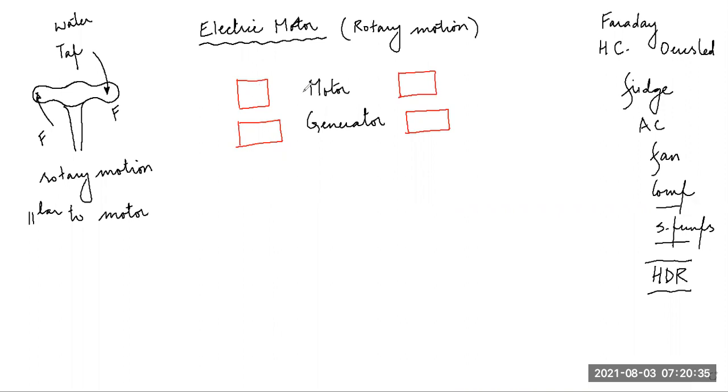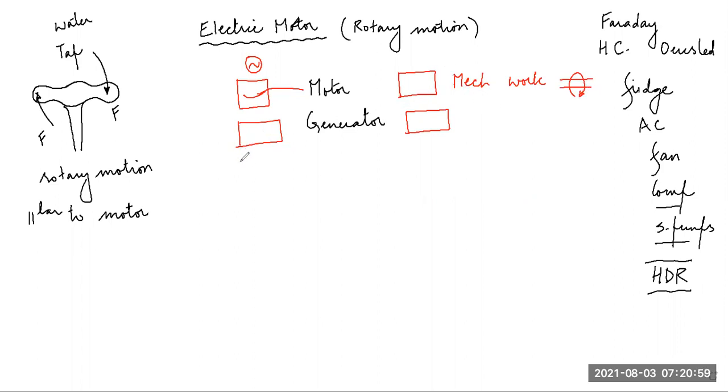You have to switch on the motor, you have to connect the motor to an electric plug. That means current is the input of the motor, and mechanical power, or you can say mechanical work, produced in terms of the rotary motion of the shaft, is the output of the motor.